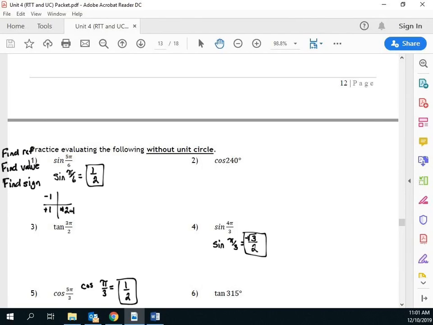So now cosine of 240 degrees. First step, reference angle. What's the reference angle of 240 degrees? Good job, guys. All right. So with that, we're here, 240 degrees, which you guys were right, it is 60 degrees. So we're actually asked to find the cosine of 60 degrees, guys.